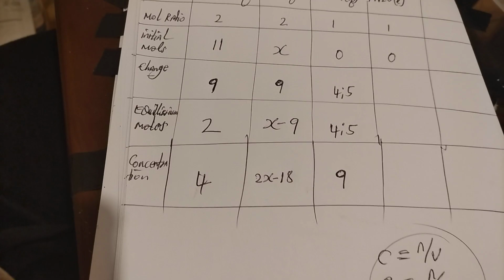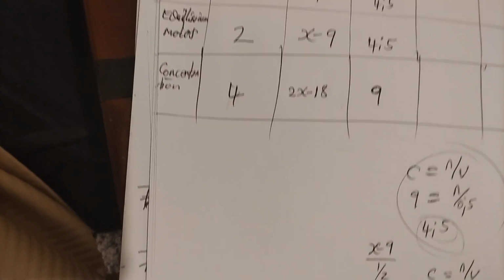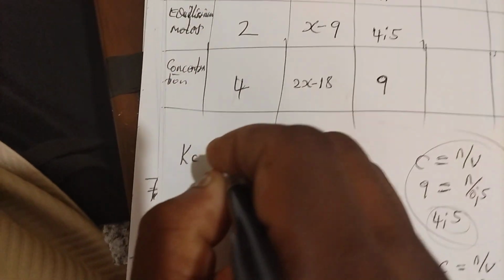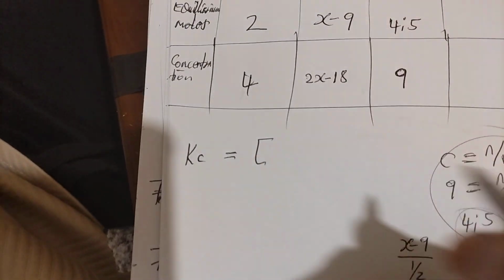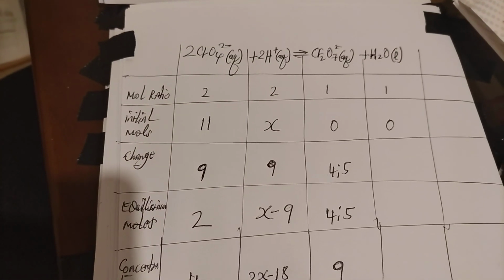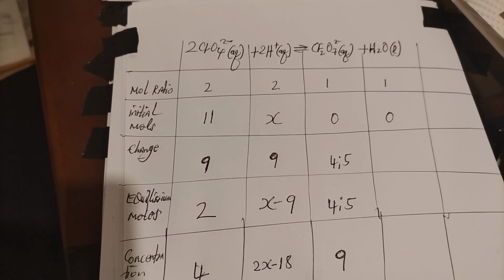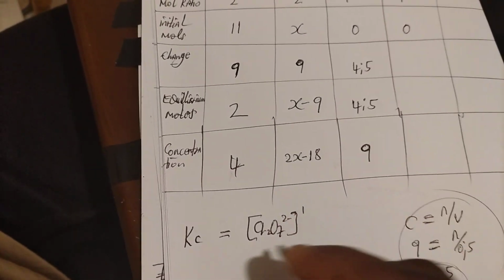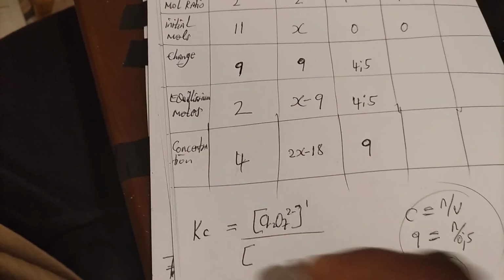Now from here, we need to go and solve for the KC. Now I just want to see if I can squeeze it inside the space here. So KC, of course, we take it from the equation there above: Cr2O7 2 minus raised to 1 divided by the reactants.